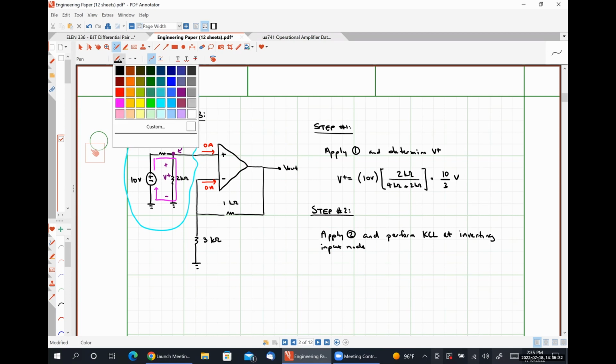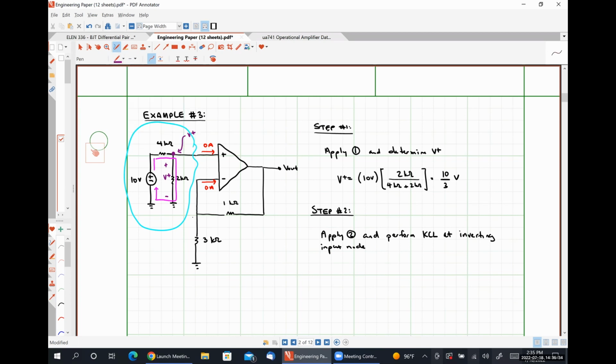So if we apply rule number 2, that tells us that this voltage right here, V minus, must be equal to V plus, which was 10/3 of a volt.